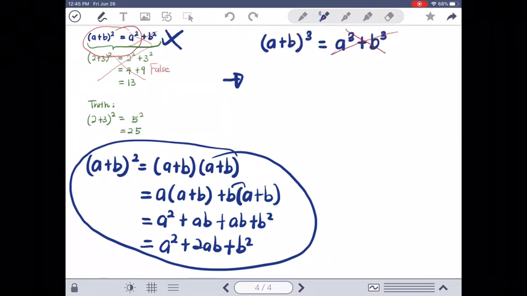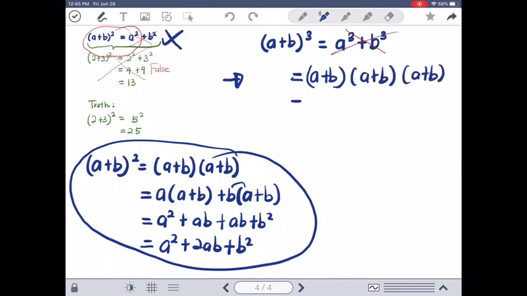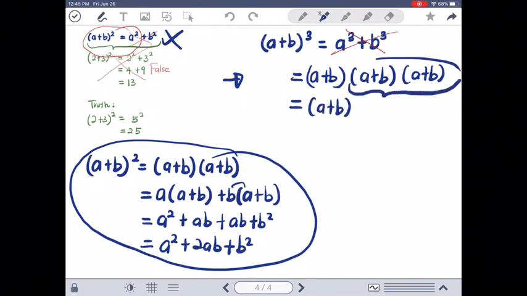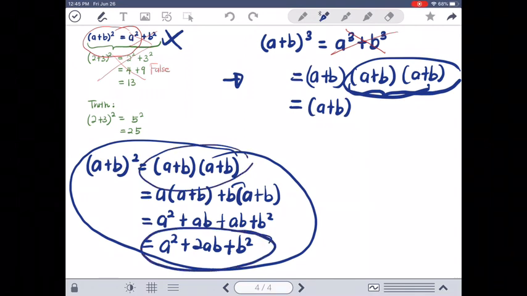What you need to do, you need to expand manually, which is equals to A plus B times with A plus B times with A plus B, which is just equals to A plus B multiply with, from here, we know the result is this, which is just equals to A squared plus 2AB plus B squared.